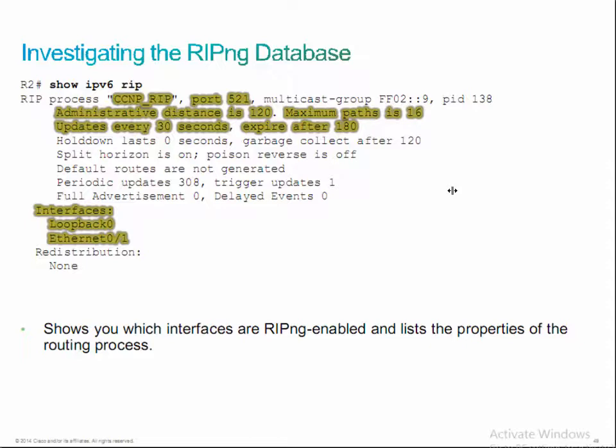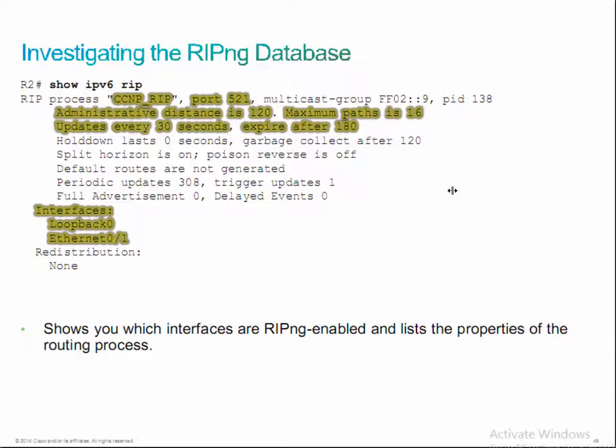Any thoughts? Hops, right? No, actually in this case it does not represent hops. It represents the maximum number of equal cost paths that I will load balance over by default. In IPv4 it's 4, in IPv6 it's 16, in IPv4 it can go up to 16, in IPv6 it can go up to 64.